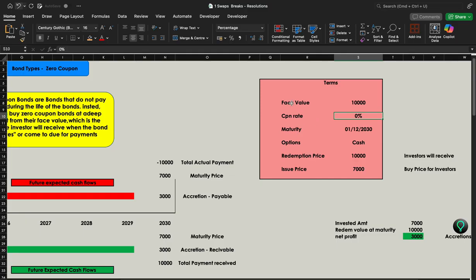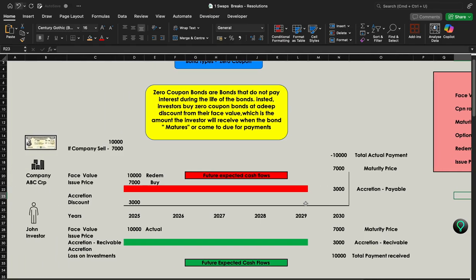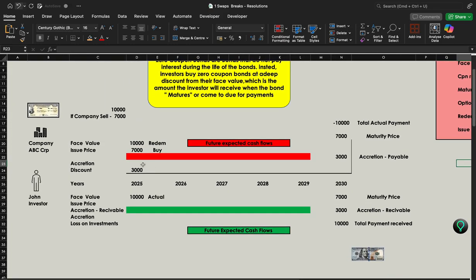So it means the investor needs to invest 7,000 and will receive 10,000, because this is the actual value of the investment. At the time of buying the bond, the investor just pays 7,000 and will receive 10,000. If you put this in a graph, how does it look?